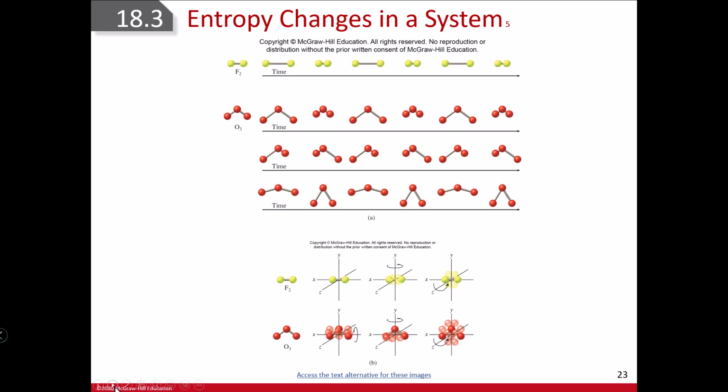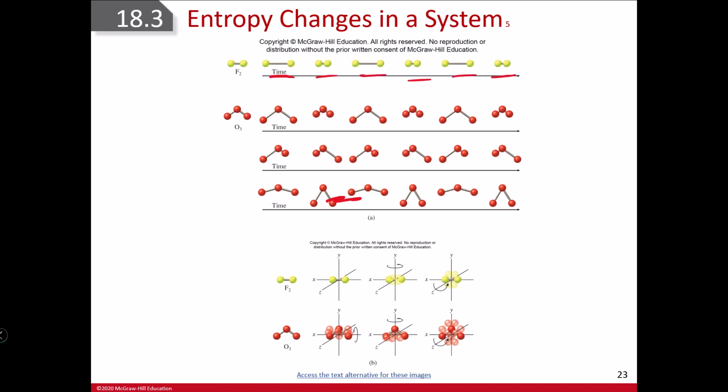The first one up here at the top is just diatomic fluorine. It's very simple, so look at what can happen. There's not a lot that can happen there, and so we have stretching, which can occur, and that's pretty much it.